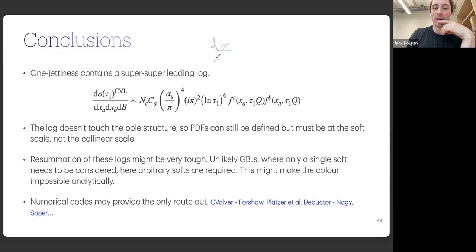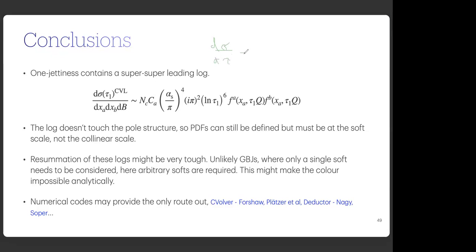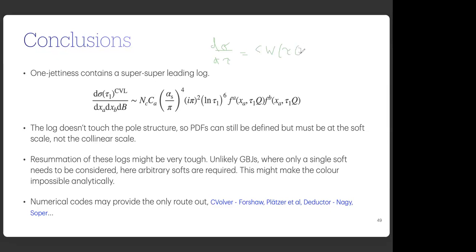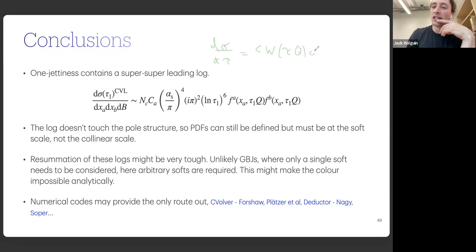It should look like d sigma d tau is equal to something like the W at tau times Q, convoluted with their calligraphic H, which includes the entire perturbative cross section and all the resummation at tau times Q.